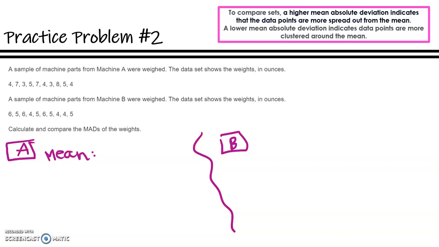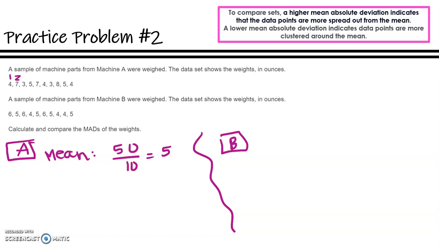So I'm going to be doing 4 plus 7 plus 3 plus 5 plus 7 plus 4 plus 3 plus 8 plus 5 plus 4. And I get a total of 50. And there are 1, 2, 3, 4, 5, 6, 7, 8, 9, 10. My mean is 5.